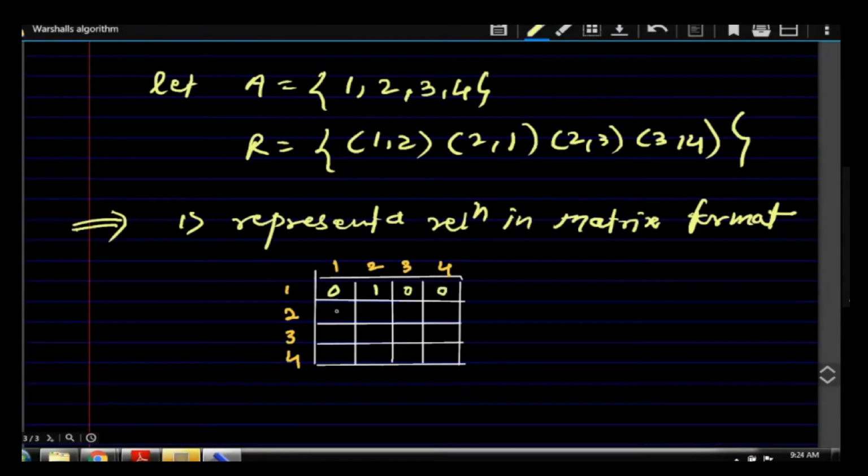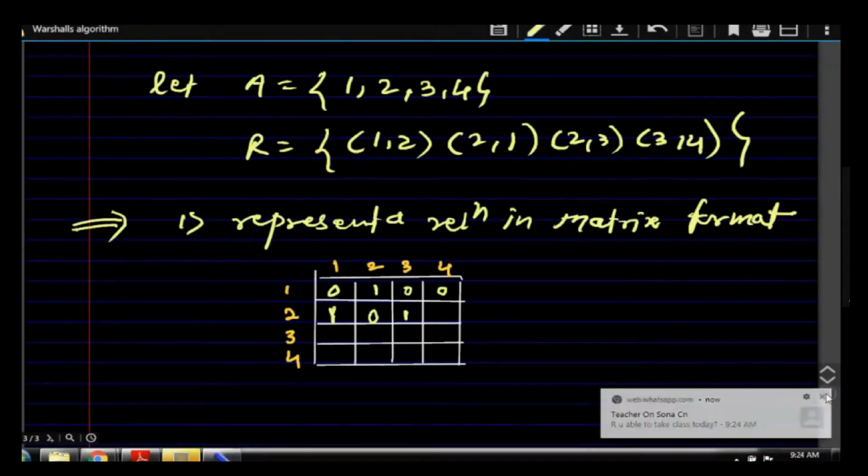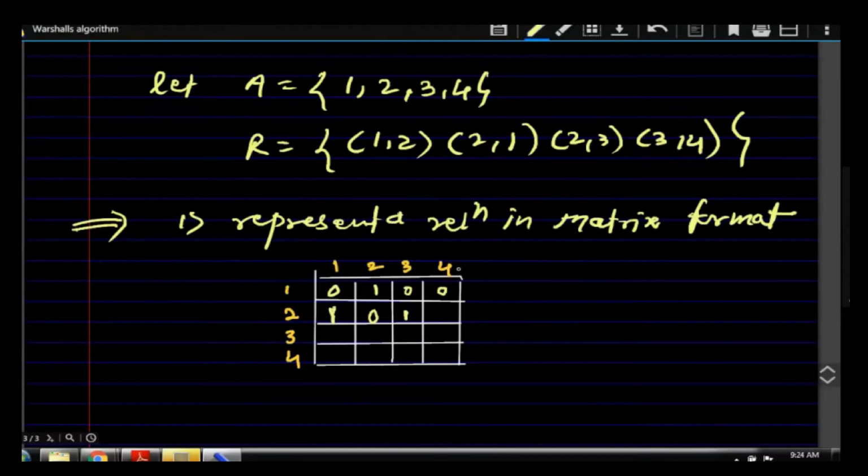Then 2 to 1, yes, there is a pair, so this will be 1. 2 to 3, yes. 2 to 2 is not a pair, so this will be a 0. Then next is 2, 4. That relation is also not there, so this will be a 0 here.